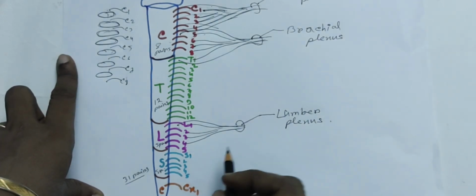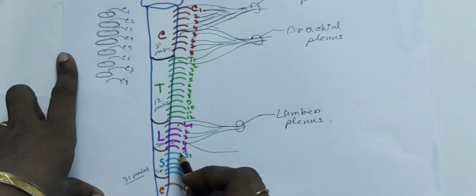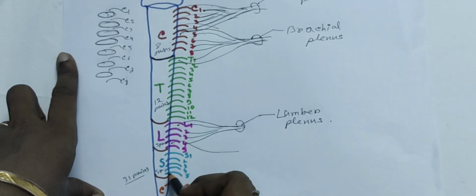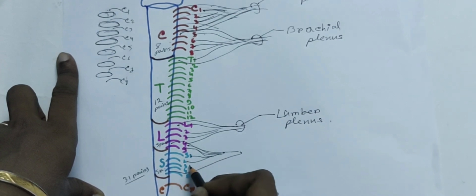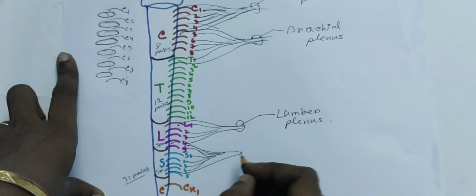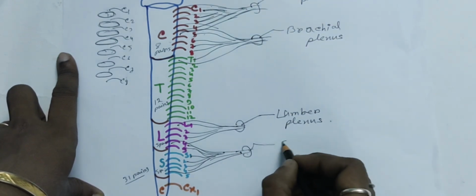And then 4, 5, S1, S2, S3, S4 form a bundle, that is a plexus called the sacral plexus.